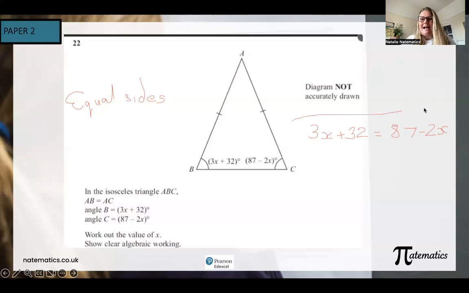And this is exactly the thing here. You are saying that that angle is the same as that one. And the way that we do that mathematically is, we say equals, okay? So we've got 3x plus 32 is equal to 87 minus 2x.